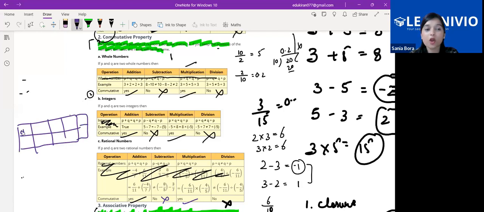Here you write the operation: addition, subtraction, multiplication, division. And here you write commutative, and then yes, no, yes, no. You don't have to write this part. Fine with everybody? Quickly write this down and then I'll scroll to the next property, the associative property. Do the same thing there as well.